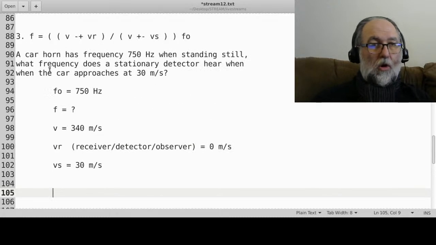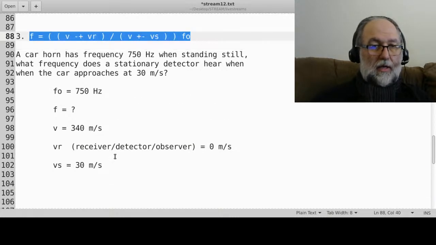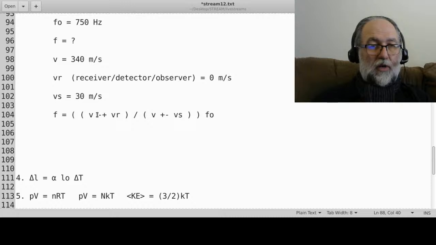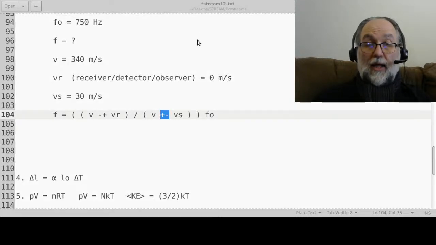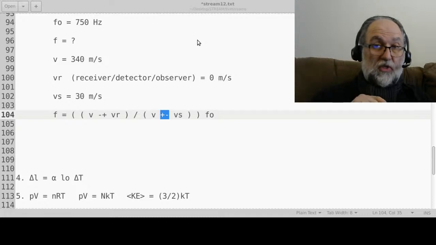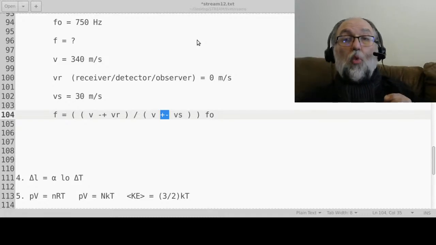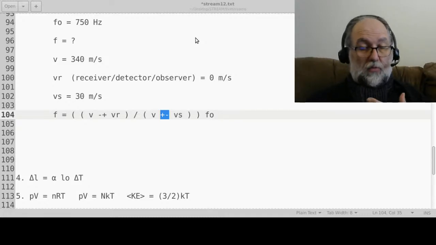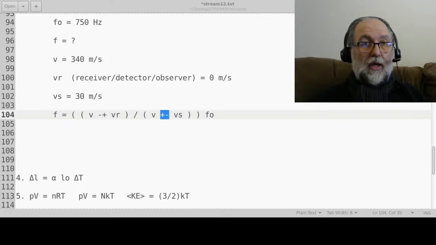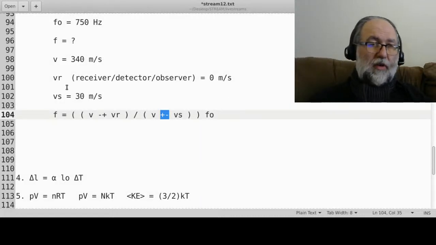Now we're almost ready to plug in. The only problem you have to watch out for is you'll see there's a plus minus there and a plus minus there. And that plus minus depends on whether the source is actually approaching or moving away from one another, whether it's the source or the detector. In this case, it's the source that's moving. So let's plug in.